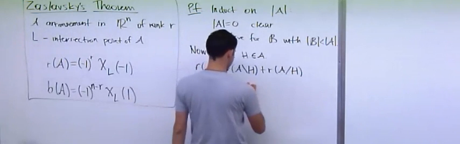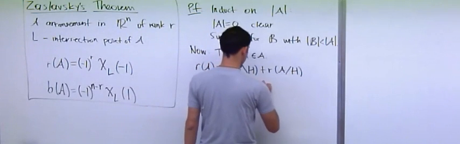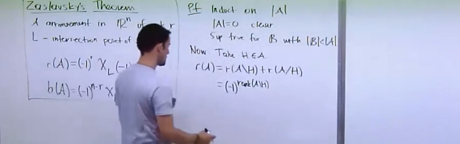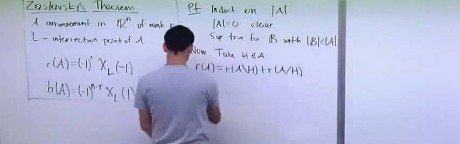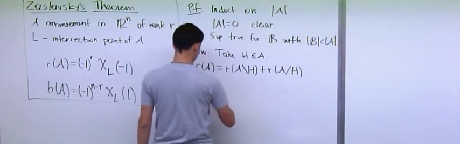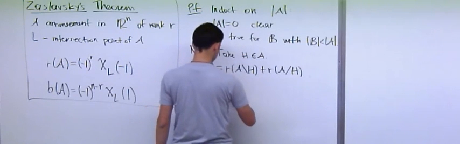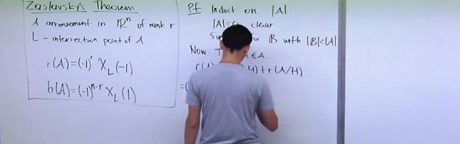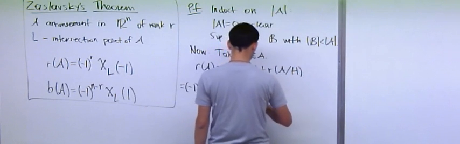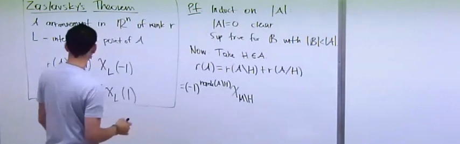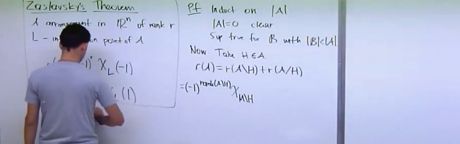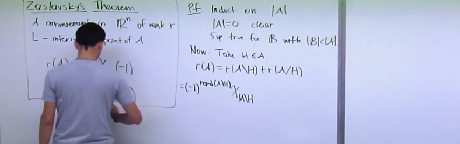Rank of A delete H times the characteristic polynomial of the, let me just say, L is the intersection poset, and M is the matroid.